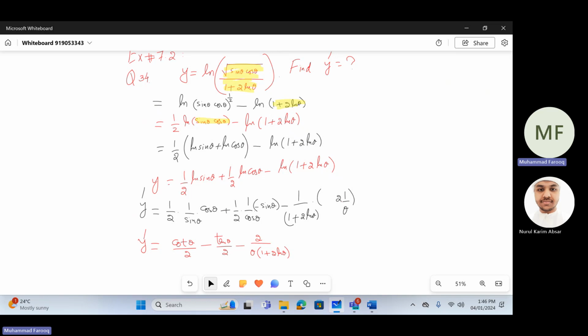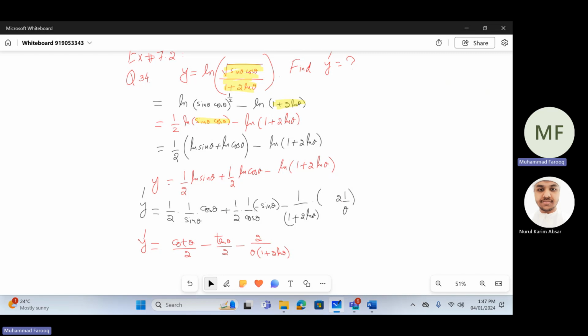Because I have a square root, and square root means half power. Oh, I thought it was all over that. No, it's only on the numerator. Thank you. It's clear? Good. So this is the way to use the properties of log first, and then you have to go for differentiation. Clear? Should we go to the next question?